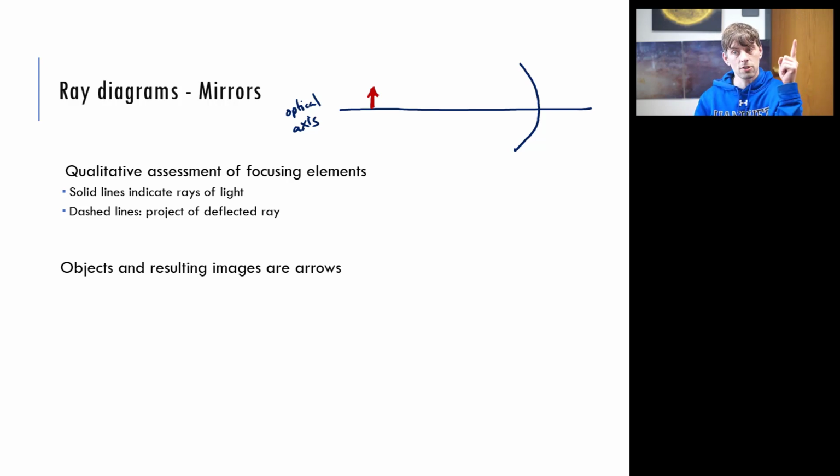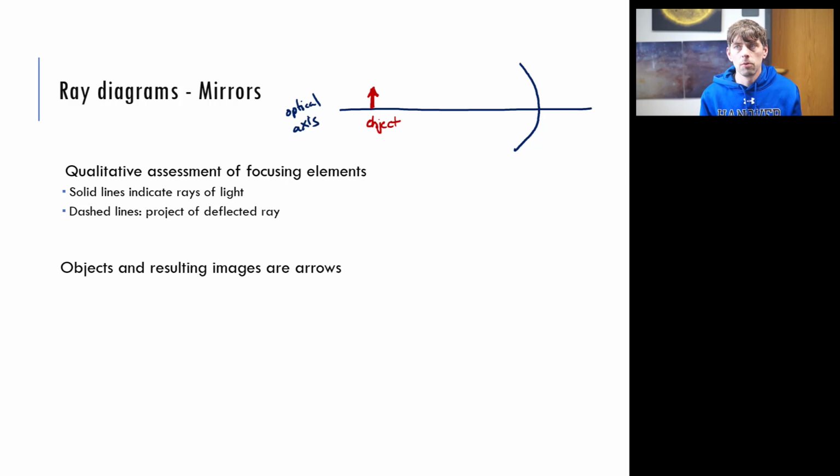So the direction that the object or the image is going to be oriented is indicative of the direction the arrow is pointing. Okay.